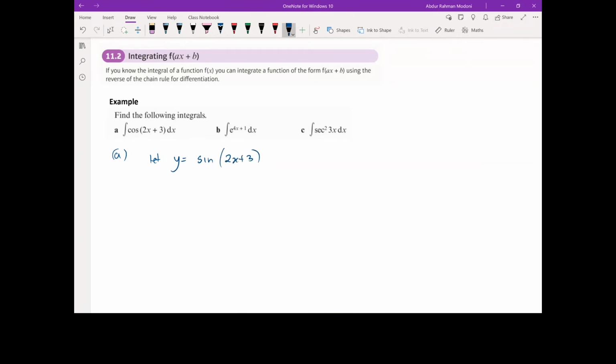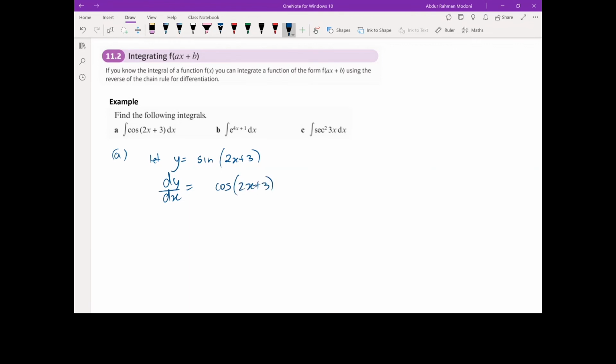So if we started off with y = sin(2x + 3), why did I start off with sine? Because I know the differentiation of sine gets us to cos. So if I differentiate this function using the chain rule, the differentiation of sine is cos of the same angle.